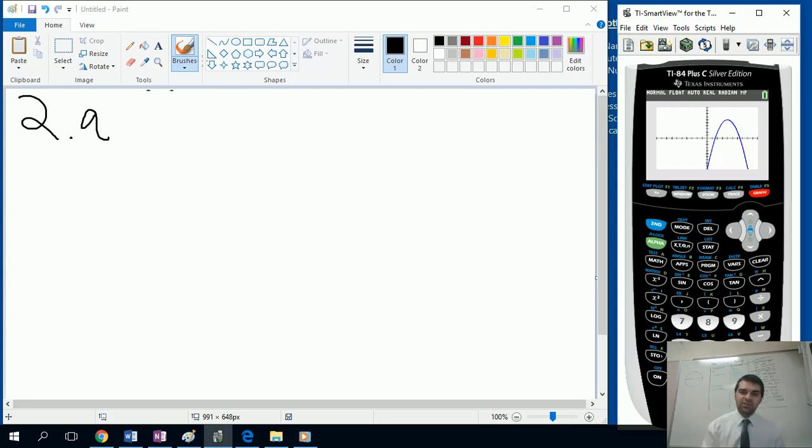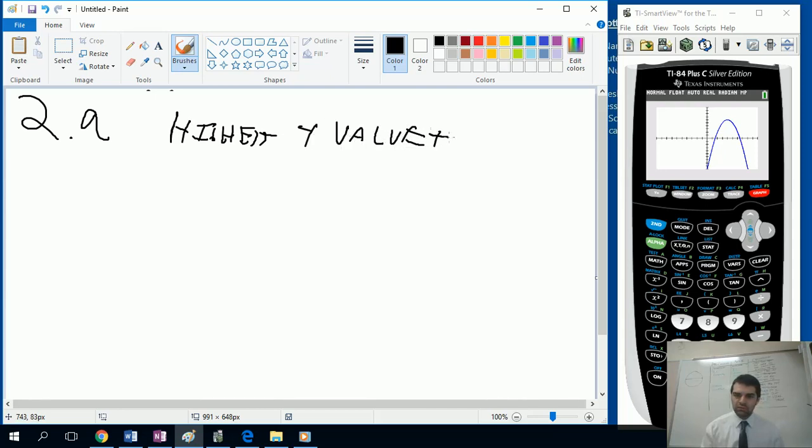Because our highest y value is 6, and 6 is actually the y value of the vertex for this parabola, we know that the range is 6 and anything below 6.